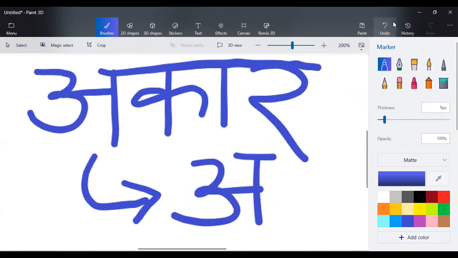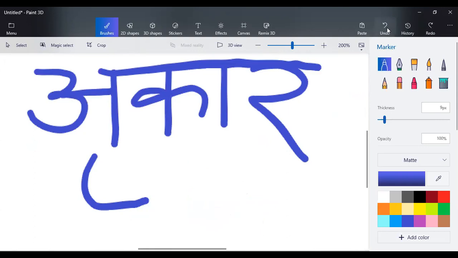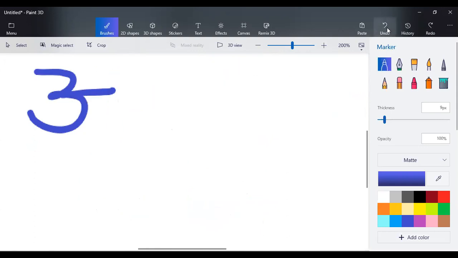Akara addresses or points to the vowel a. Okay. Now the same way for the other letters. Any letter can be pointed out by adding the kara suffix.